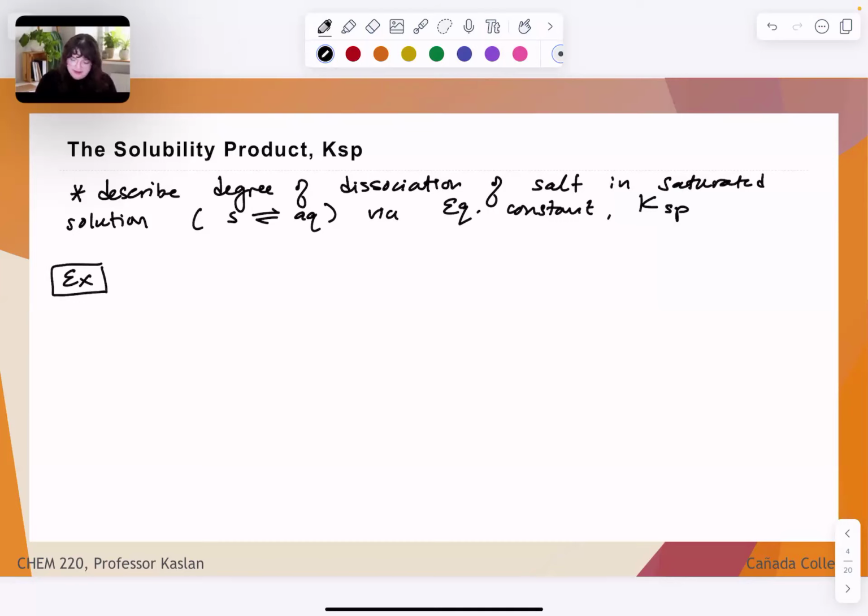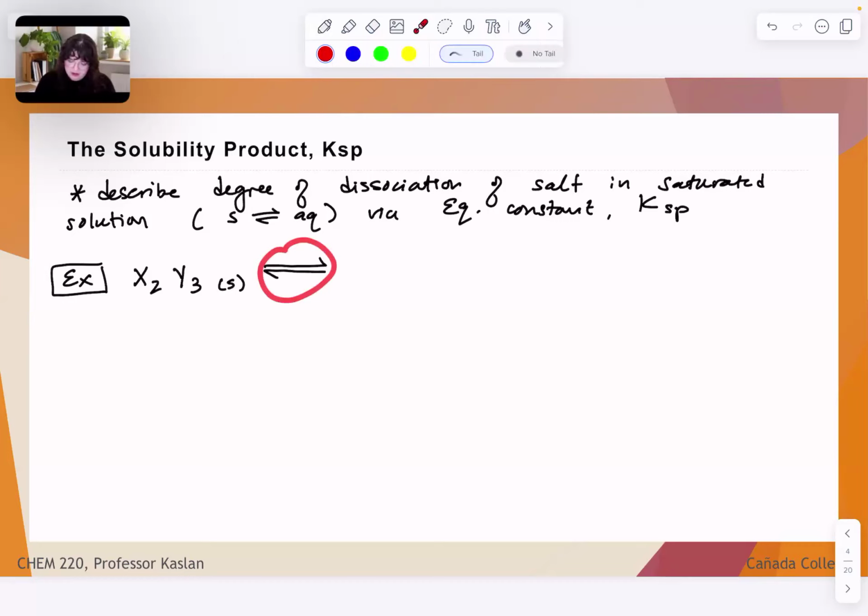So let's consider some general salt, X2Y3, solid. If I dissolve this and allow ions to dissociate to the point where I've reached saturation, meaning I now establish an equilibrium between my solid and aqueous phase, according to the meaning of these subscripts, I'm going to generate a certain number of X ions.